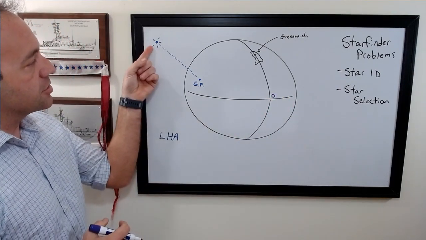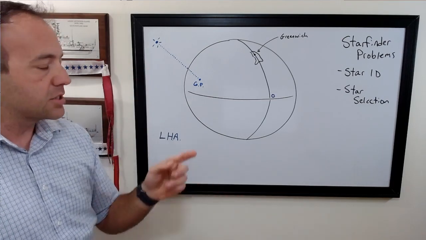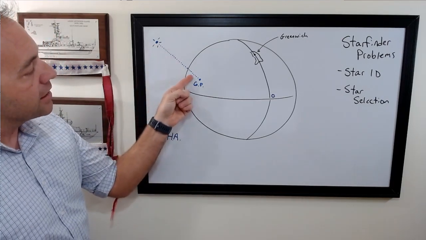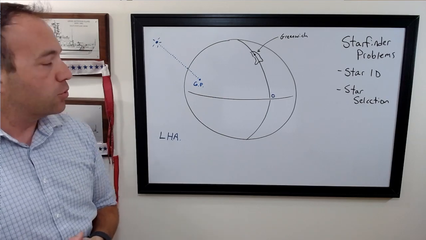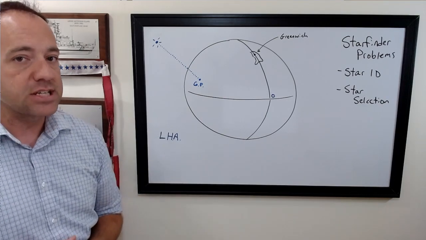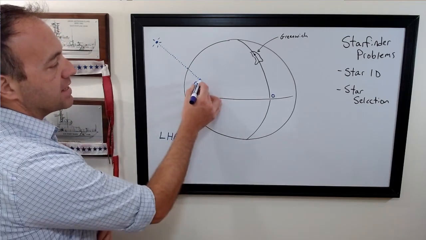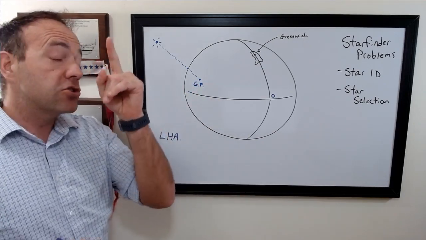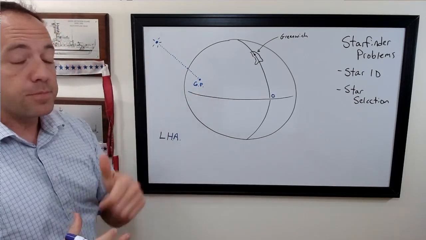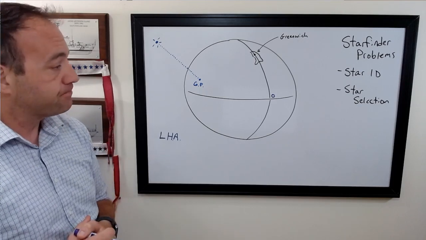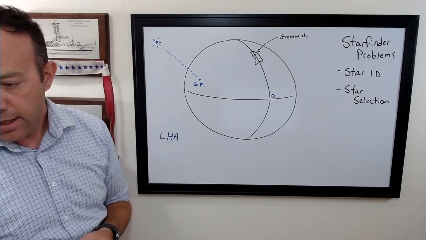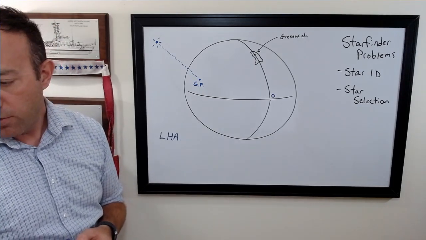Up in space, there's a star, the sun, the moon, the planets, whatever. If you were to drop a line right down onto the Earth from it, you would have what's called the geographic position, or the GP. If you were standing at the GP and you looked straight up, the star or the planet or the sun would be right above you.